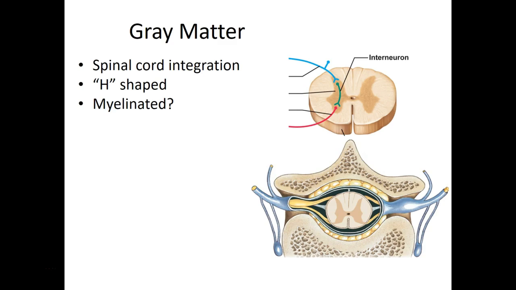And what about gray matter? What part of those neurons would you expect to find in gray matter? What do you guys think? Would we expect to find myelinated axons there? No? So what's left? Yeah, the soma, and where are we receiving information into the neuron?